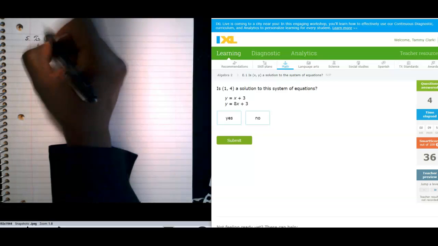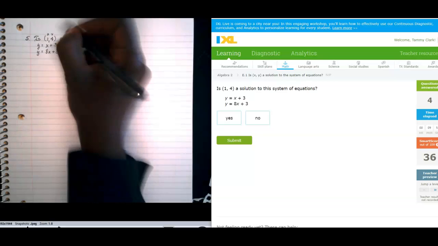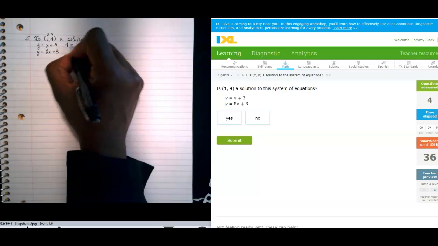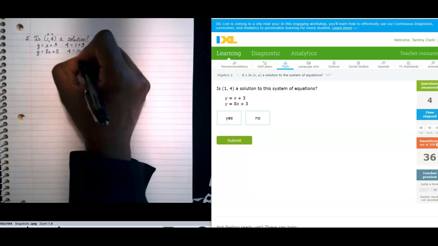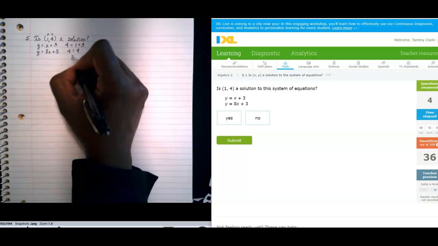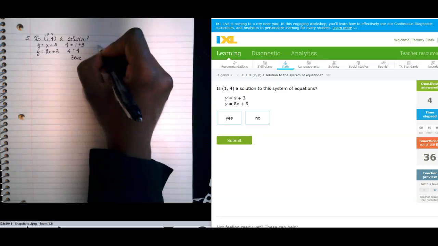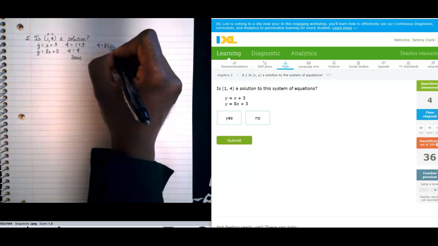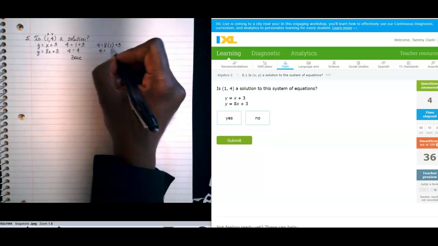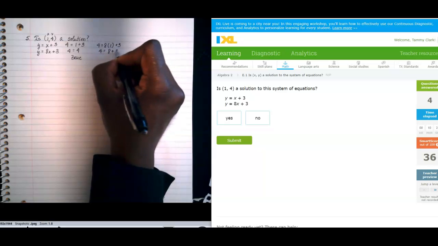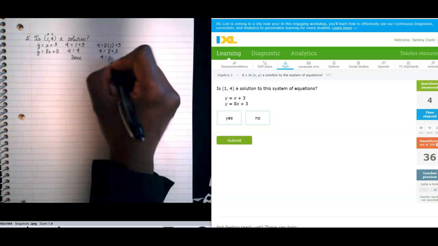Our next question says, is the ordered pair (1, 4) a solution? So we have 4 is equal to 1 plus 3. 4 is equal to 1 plus 3 is 4, so that makes a true statement. Next we have 4 is equal to 8 times 1 plus 3. 4 is equal to 8 times 1 is 8 plus 3. 4 is equal to 11.